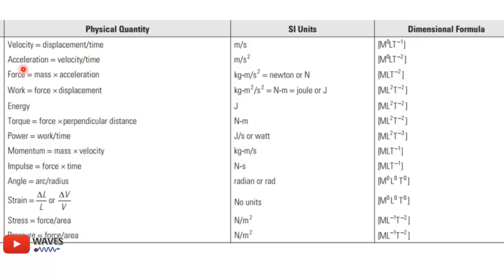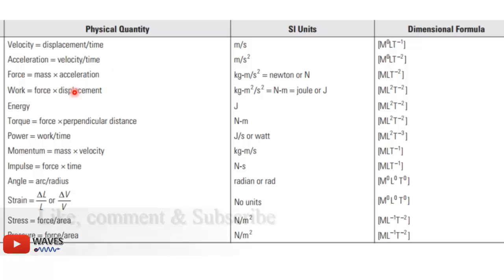Similarly, consider acceleration, which is velocity divided by time. Velocity is displacement by time, so the final expression in terms of the fundamental quantities is displacement divided by time squared, that's meter per second squared, and we have the respective dimensional formula.